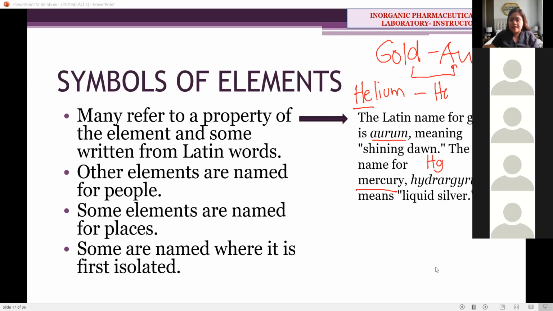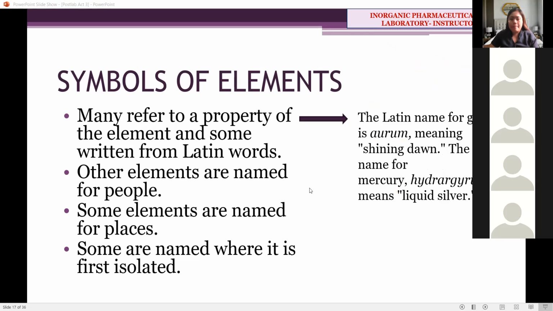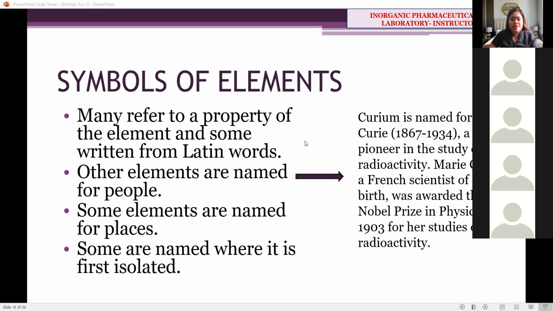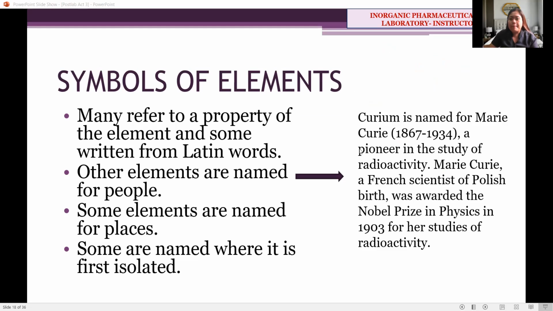That's the first reason for the symbols that the elements have. The second one is other elements are named for people. So ang mga name nila, even ang ilahang symbol comes from certain people, mga scientists na to. Parehas anang element called curium.